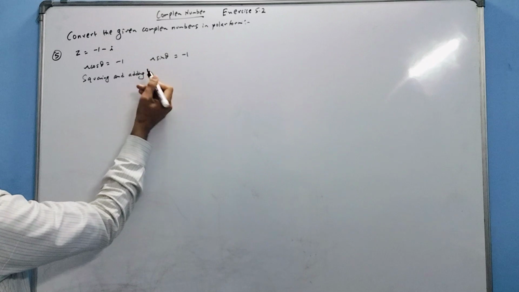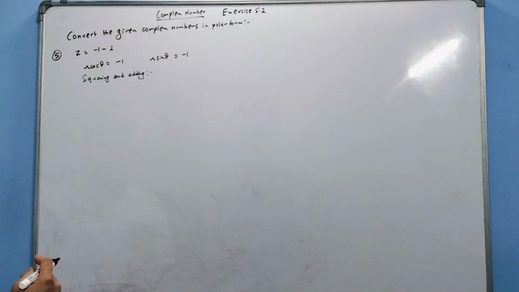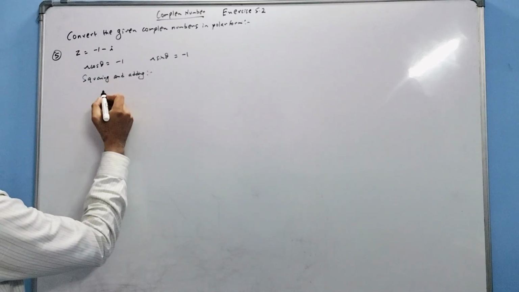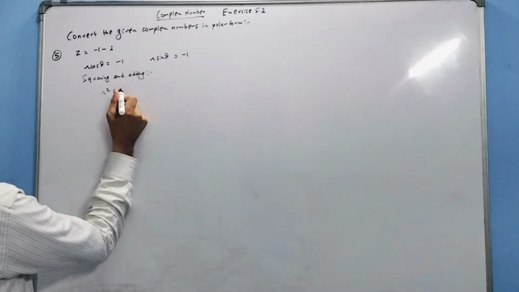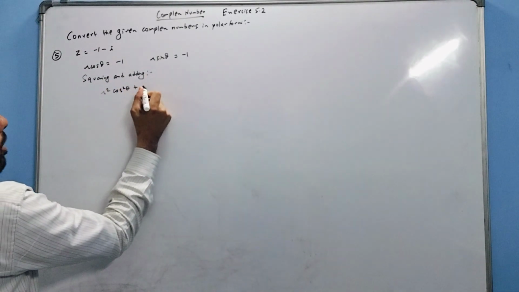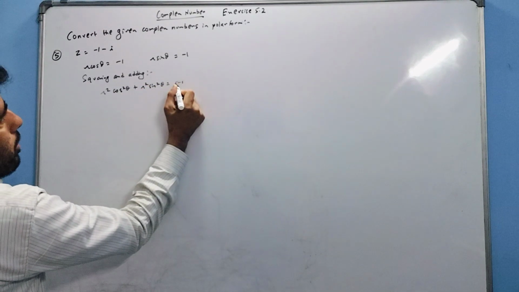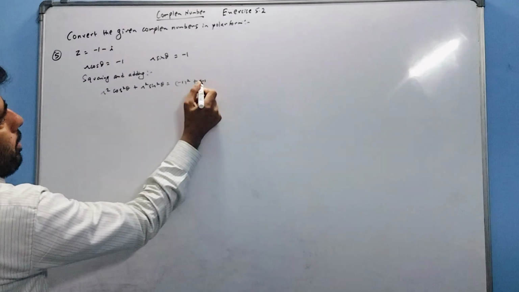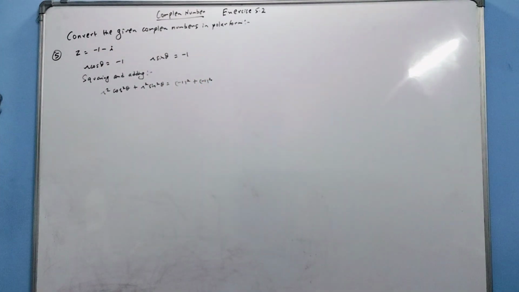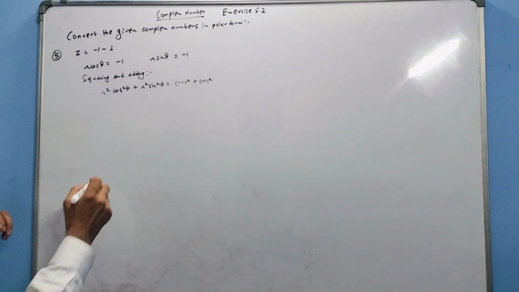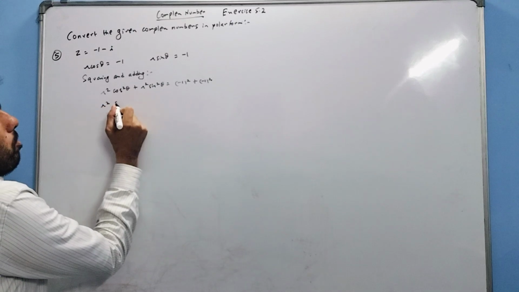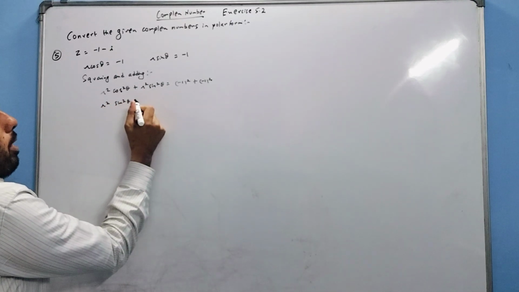So what we will do, we will square and add, that is r square cos square theta plus r square sin square theta is equal to minus 1 square plus minus 1 square. Okay, so now we'll take r square as common.